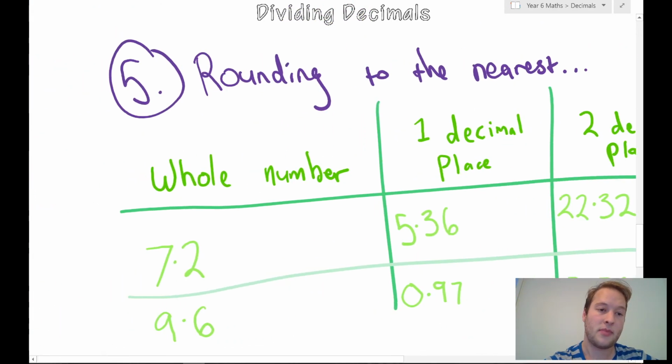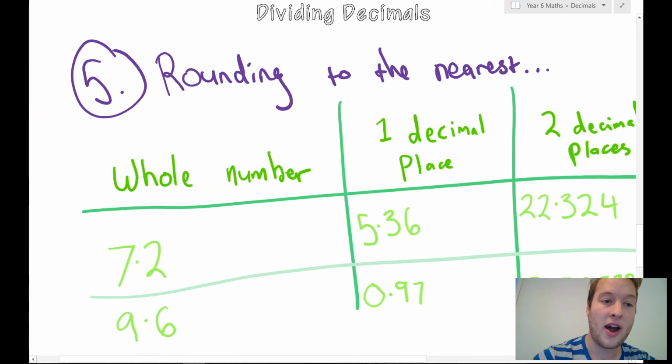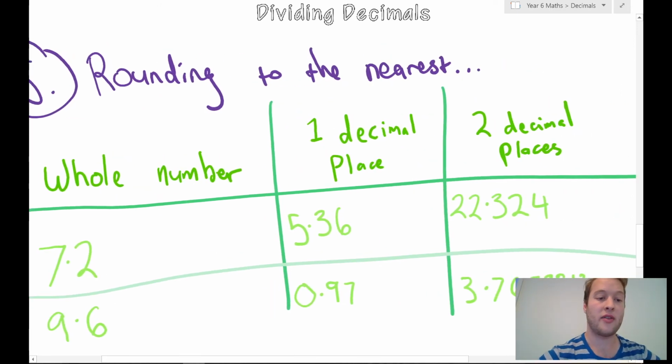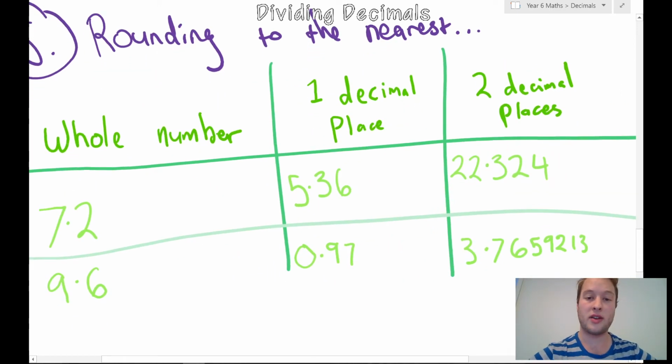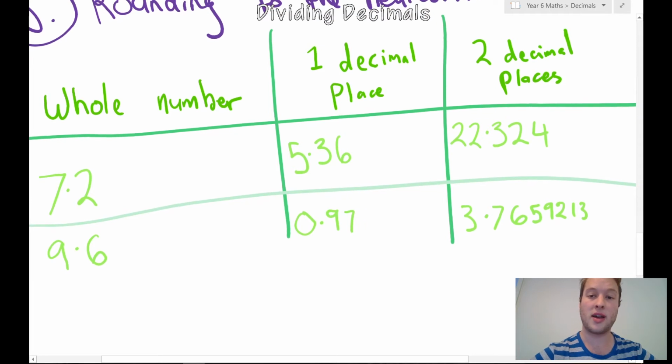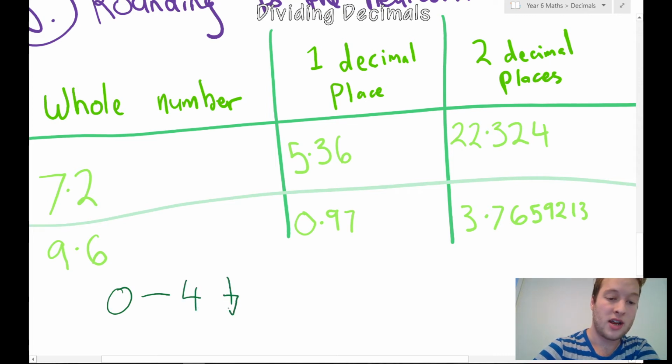All right. Step 5, rounding to the nearest. So we have the nearest whole number, the nearest 1 decimal place, or the nearest 2 decimal places. I've got some examples here. For the nearest whole number, remember, if it's between 0 and 4, we round down, and if it's between 5 and 9, we round up.